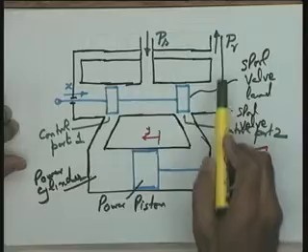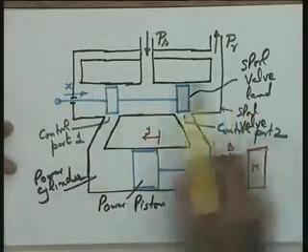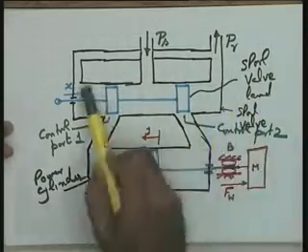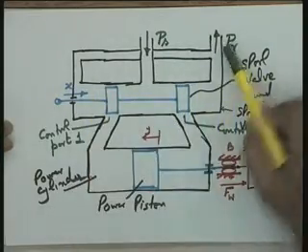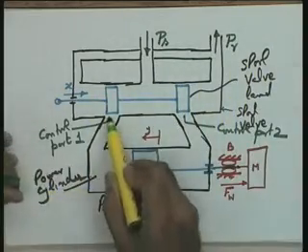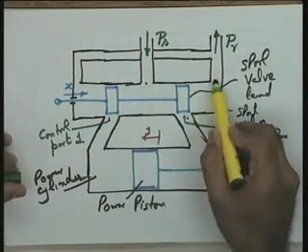Please note, though there are two drain ports, I have connected the two ports through a suitable pipeline. So I can say that I have one control port, a second control port, the supply port, and the drain port.